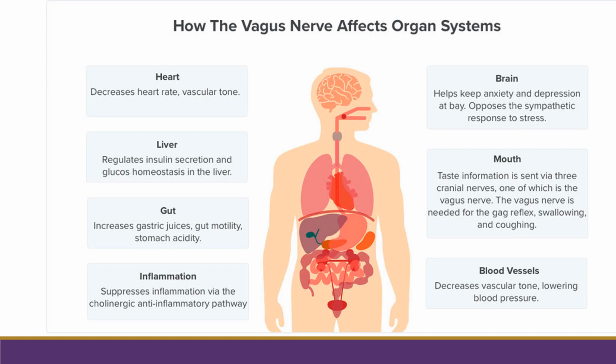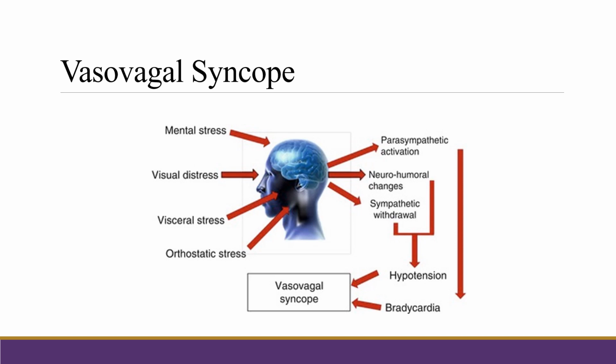Brain, up and to the right there: it helps keep anxiety and depression at bay, and opposes the sympathetic response to stress. Mouth: taste information is sent via 3 cranial nerves, so 7, 9, and 10. The vagus nerve is needed for gag reflex, swallowing, and coughing. Blood vessels: decreases vascular tone, lowering blood pressure. Vasovagal syncope.